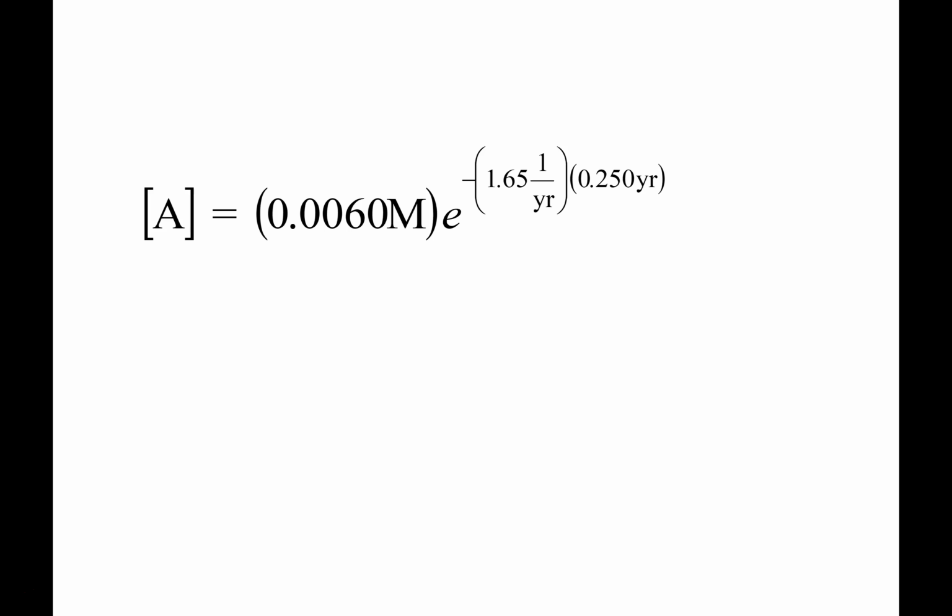This is a TI-84, and it's a shift function, but I've got e to the x. So I would take e to the x, and then negative, and then open parentheses, 1.65 times 0.25, end parentheses, enter, and then I would take that times 0.006.